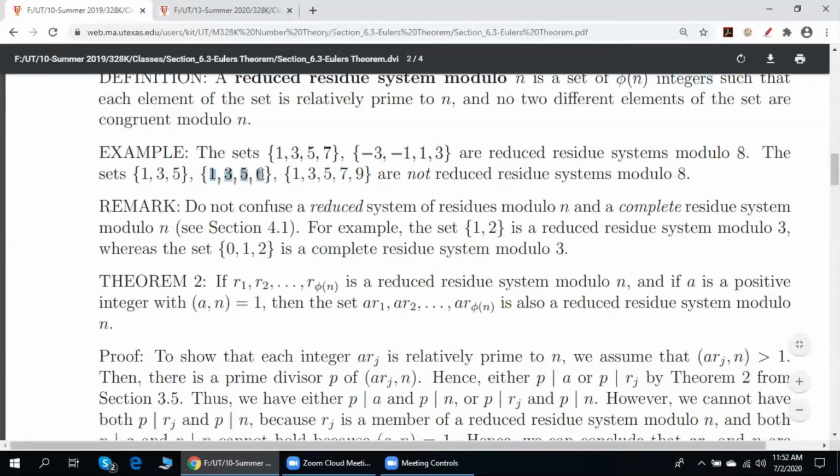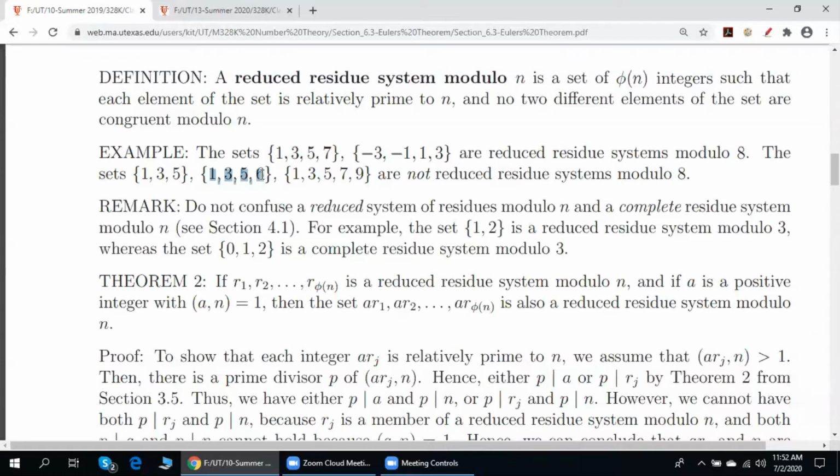Over here we do have phi of 8 integers. However, 6 and 8 are not relatively prime.